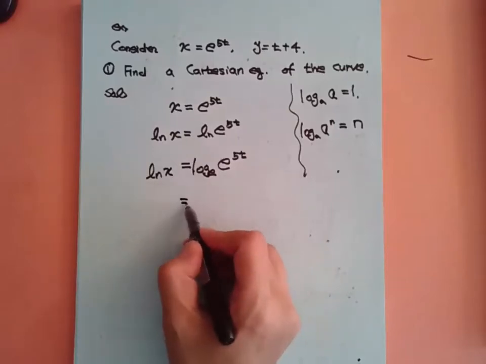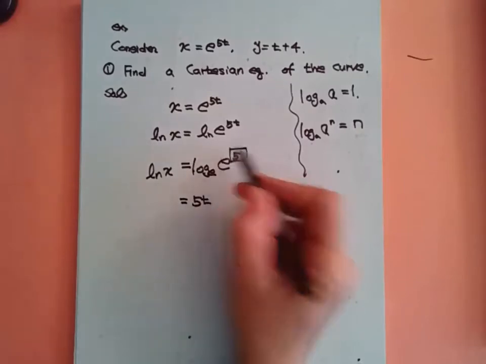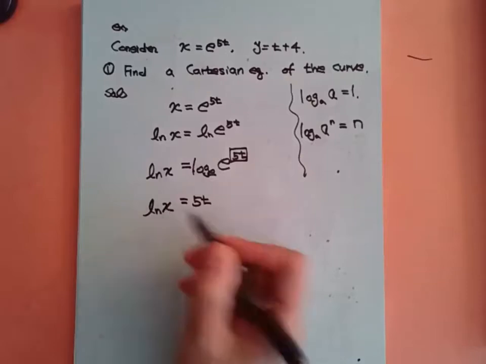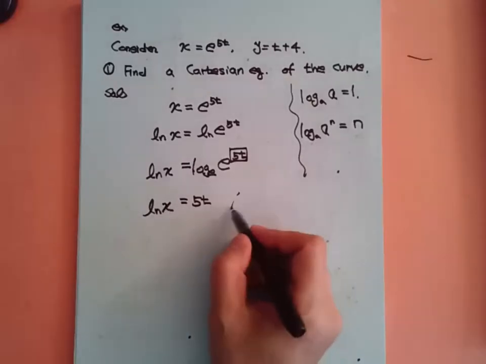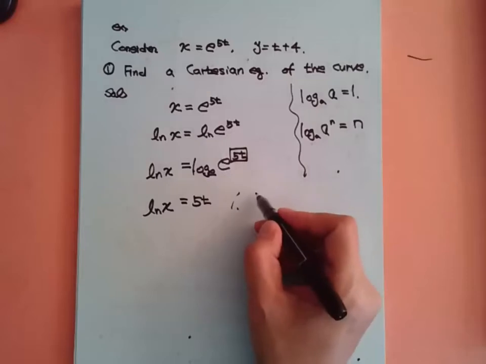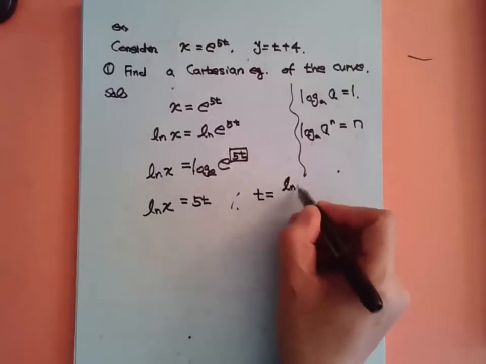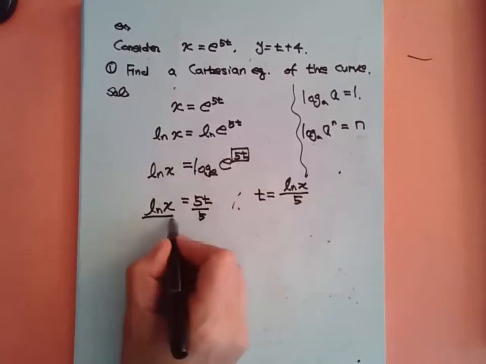So the right side becomes 5t, right? And the left side is natural log of x. So t equals natural log of x over 5 by dividing by 5 on both sides.